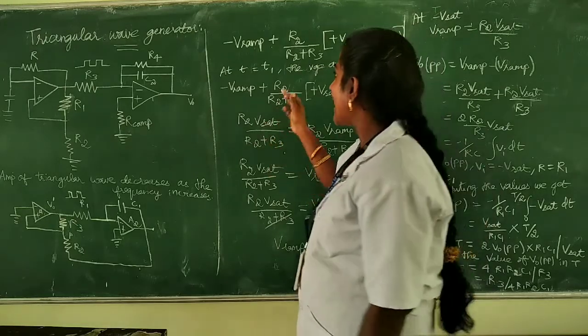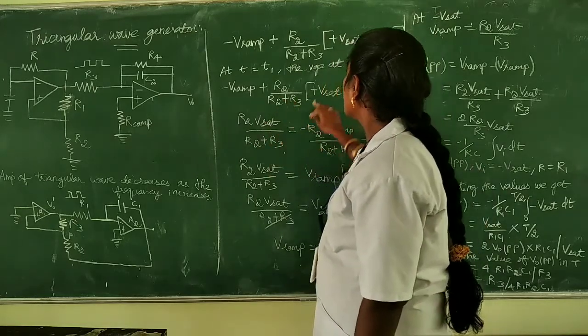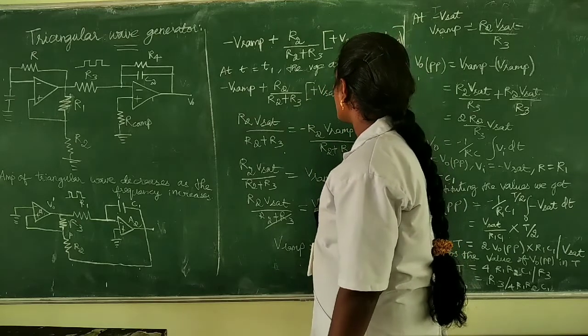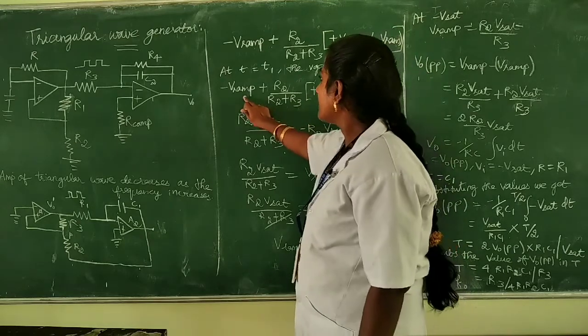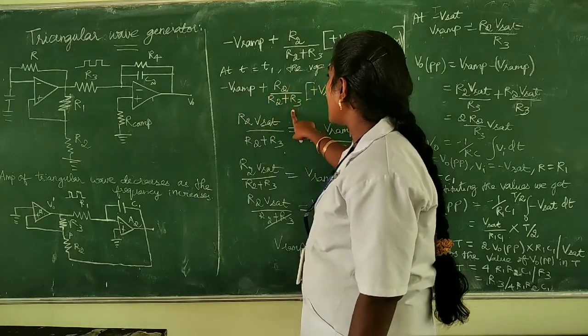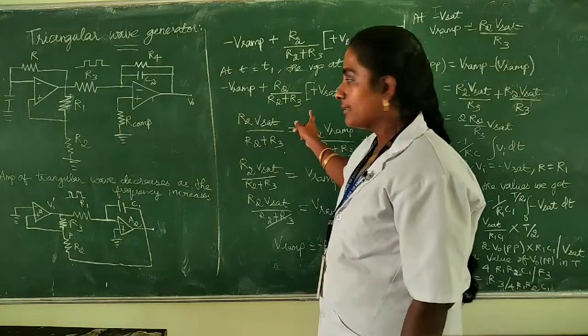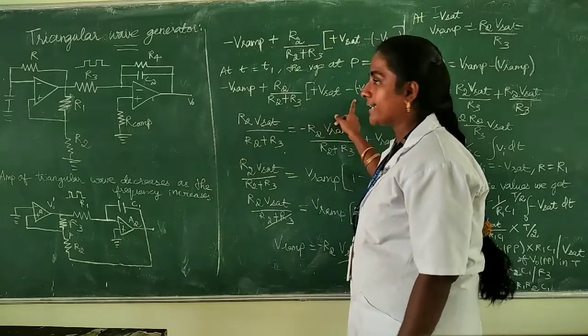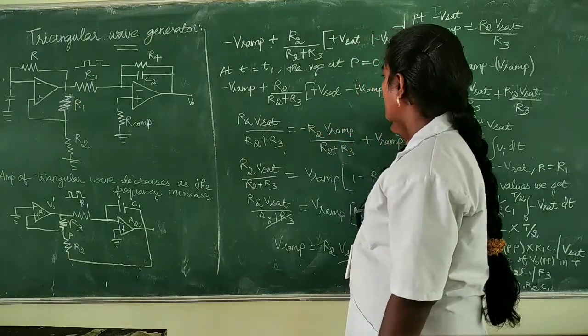At time t equal to T1, the voltage at P is equal to 0. So we will get minus V ramp plus R2 divided by R2 plus R3 plus V saturation minus V ramp, that is equal to 0.